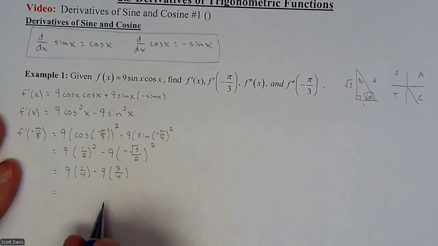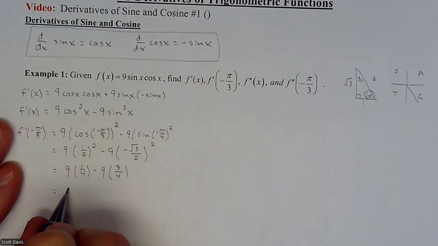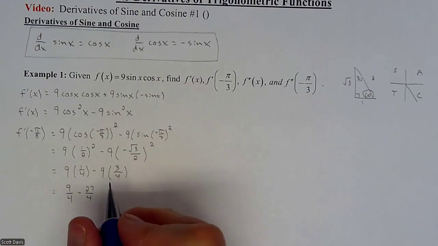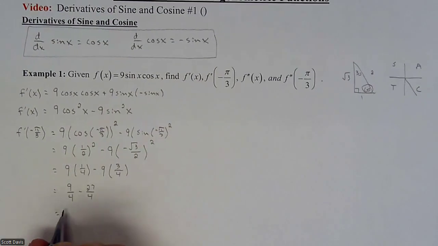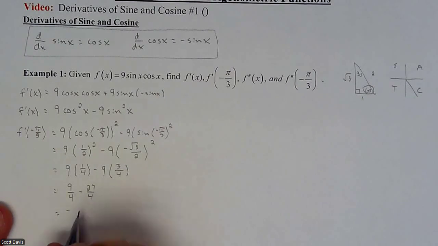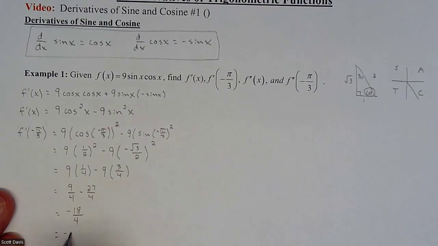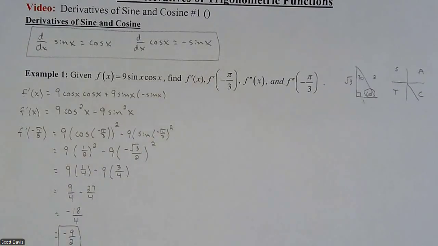Let's not mess with common denominators: 9/4 minus 27/4. We get a final answer of negative 18/4, which simplifies to negative 9/2. So there's our slope at that point.